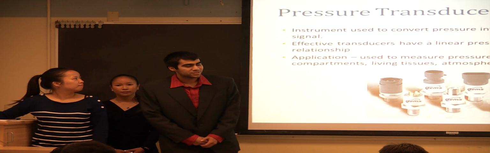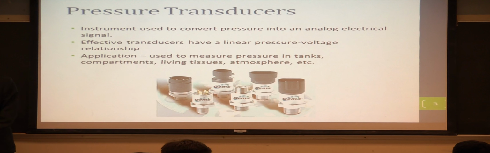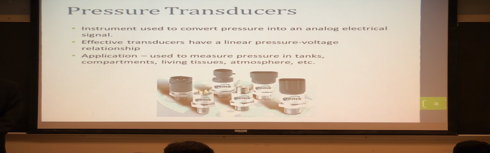So we'll begin by introducing what a pressure transducer is. These devices are used to translate pressure into electrical analog signals. And most commonly, this is accomplished by using resistive or capacitive elements in the circuit.